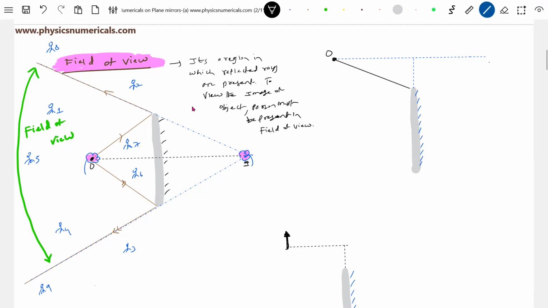So here, there's a ray after reflection. Let me pick up some other color, green color. I'll take it. Then okay, I'll trace it.